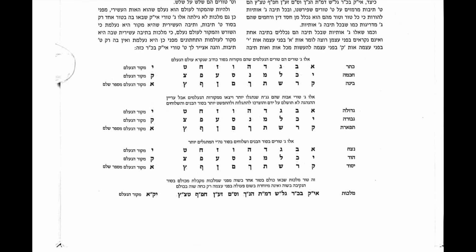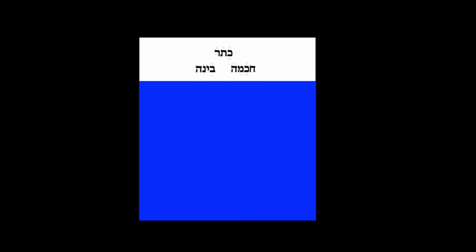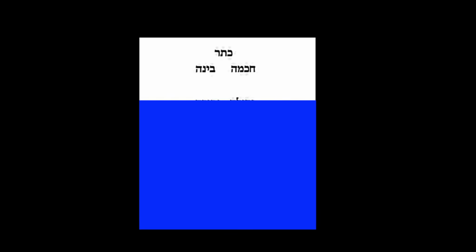He's got 3 systems of 3 systems, and he has it broken up by the sephirot. So you have the upper 3 sephirot of the crown, wisdom, and understanding: keter, chochma, bina. Then the middle: chesed, gevura, and tiferet, love, strength, and beauty.